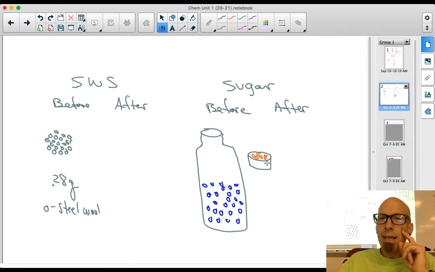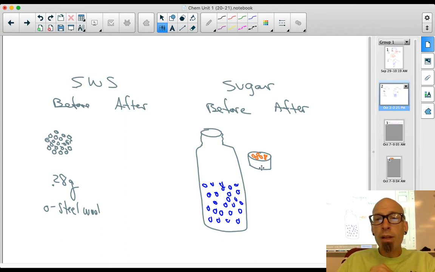Hopefully, you're thinking that if you drew 1, 2, 3, 4, 5, so I had 6 sugar particles in there, and if not all of them made it into the water, then maybe you would draw a couple of sugar particles outside the vial that never made it in. That would indicate that you have less mass now because not all of your sugar particles went in. You spilled some. Well, that makes sense.